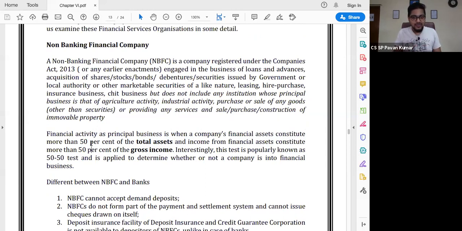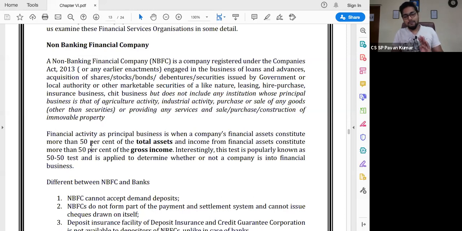And what kind of activity can they do? They can engage in activity where they can give loans and advances. They can acquire shares, stocks, bonds, all types of securities that are issued by government or local authorities. They can be in activities like lease purchase, leasing, hire purchase, insurance business, chit business.